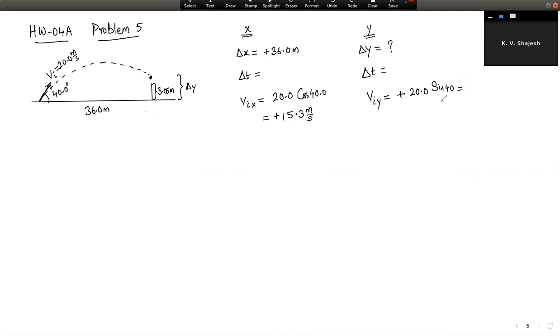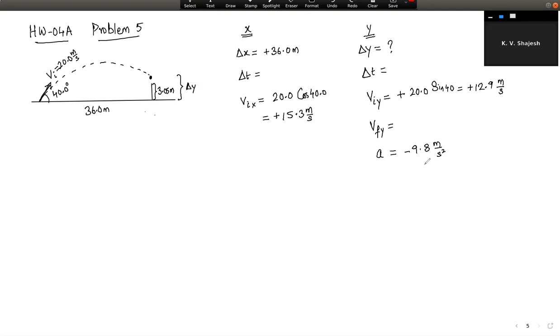That's 12.9 meters per second. Again, I've kept the third digit, but it's not relevant. Eventually, we have to keep only two sig digits because acceleration due to gravity is known to only two sig digits. V final in the y direction, while it is crossing the fence, is not given to us. Acceleration due to gravity is minus 9.8 meters per second squared.